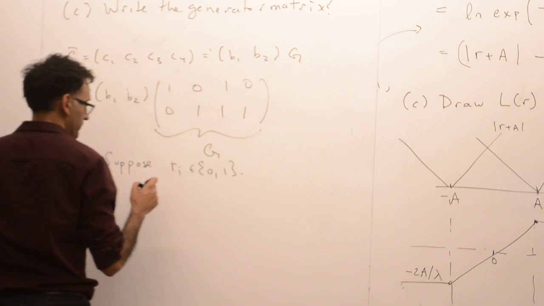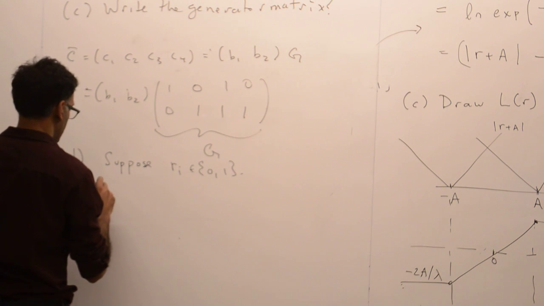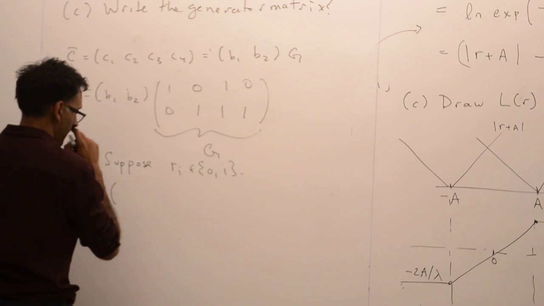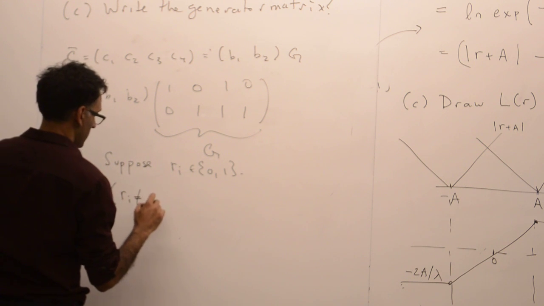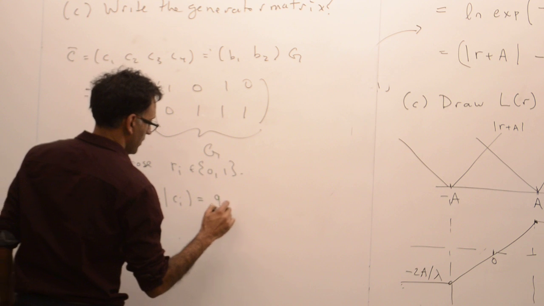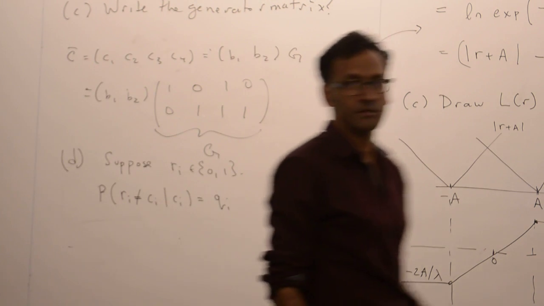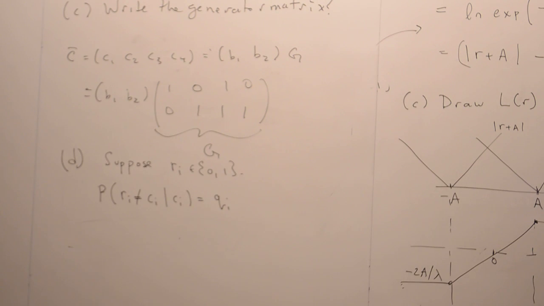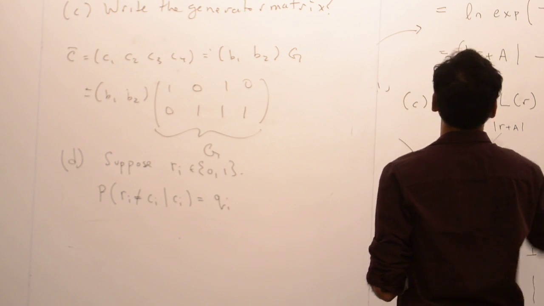All right, let's just write this. The probability, okay. So basically, Q_i is the error probability on the ith symbol. Okay.